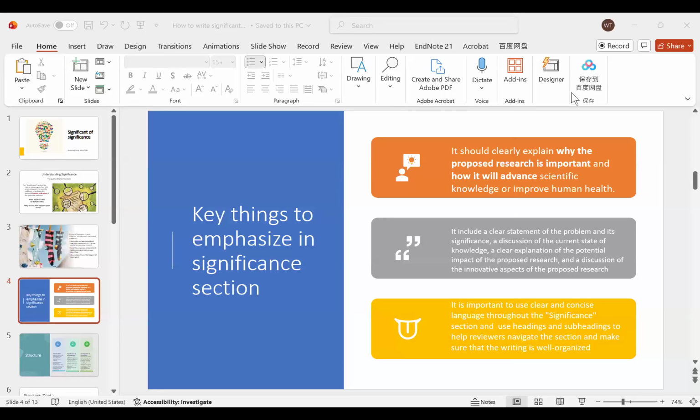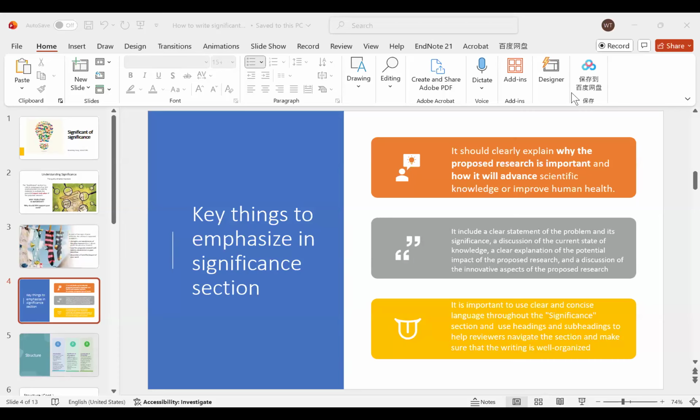For the next question: is the grant writing we do here for NIH, or applied for other funding providers, or is it specific to NIH only? Typically, the things we introduced here are tailored for NIH grant applications, but I think the same skills can be used for any grant proposal writing.